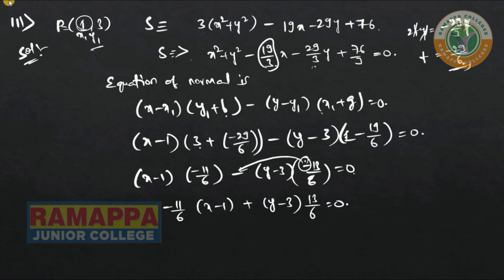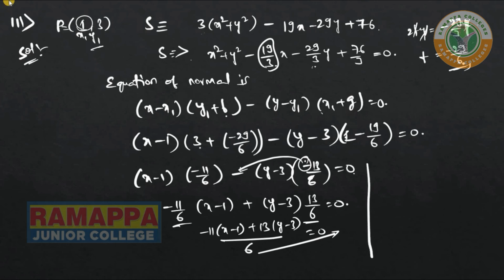Now we'll do one thing, we'll take the LCM of these denominators. The denominator will be 6, and it becomes minus 11 into (x minus 1) plus 13 into (y minus 3) is equal to 0. This 6 will go there, it will become 0. So minus 11 into (x minus 1) plus 13 into (y minus 3) will remain, is equal to 0.